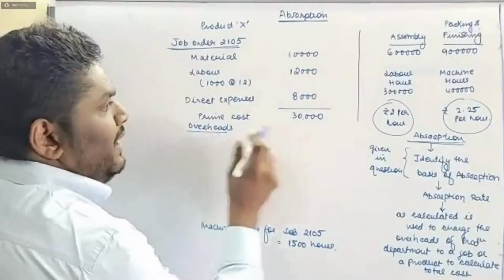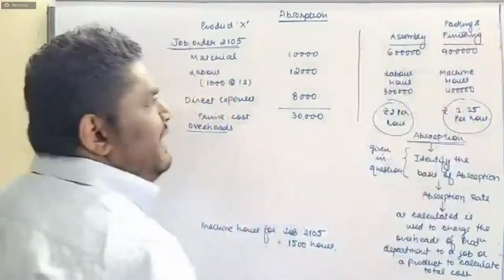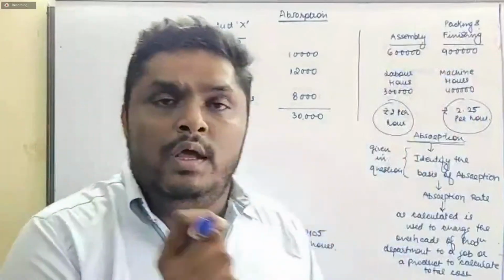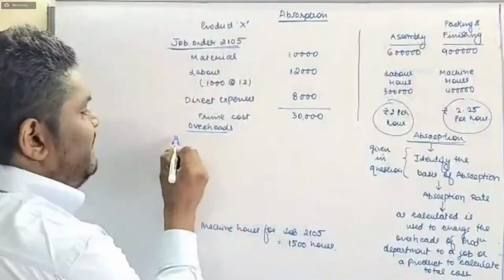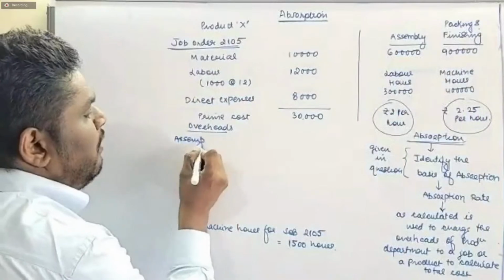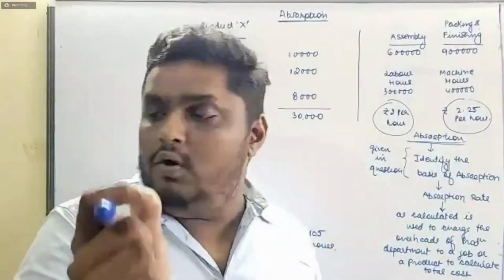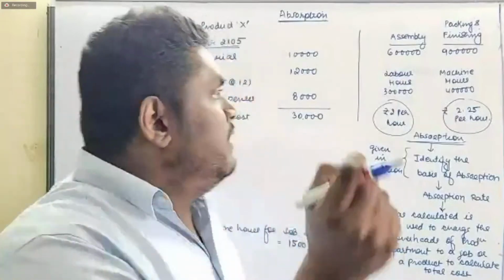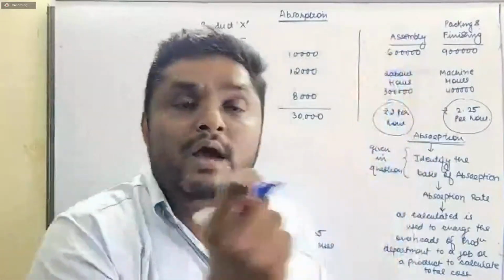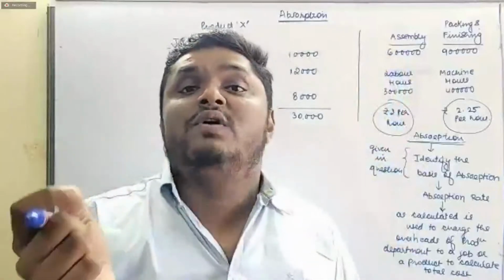So let's charge the overheads of the assembly department or packing and finishing department to this job. Now, when talking about assembly department, as I said, the overheads is given in the question also, that the overheads of the assembly department are to be charged to job on the basis of labor hours.